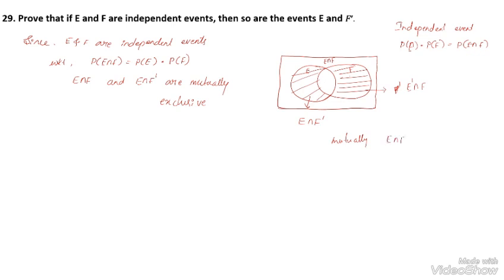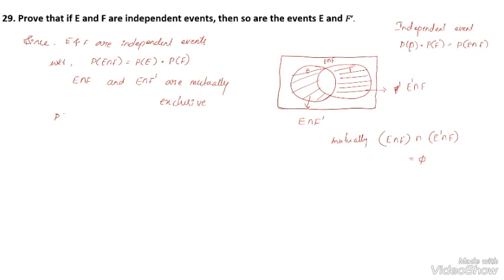That is, E intersection F and the intersection of E with the complement of F are null. There is no common element between these. So I can write E intersection F and E intersection F complement are mutually exclusive.